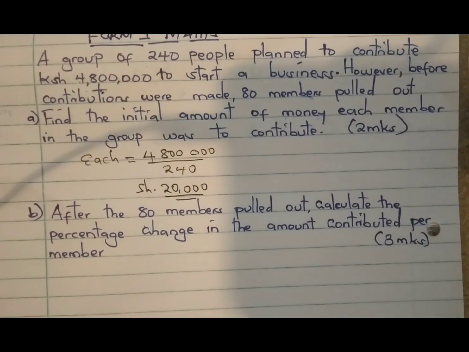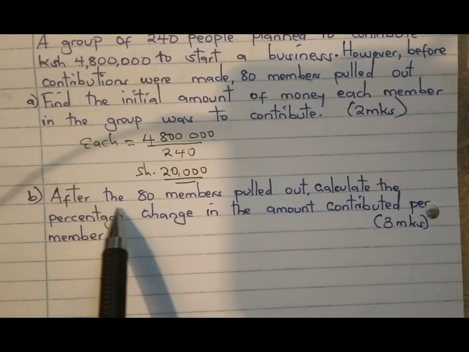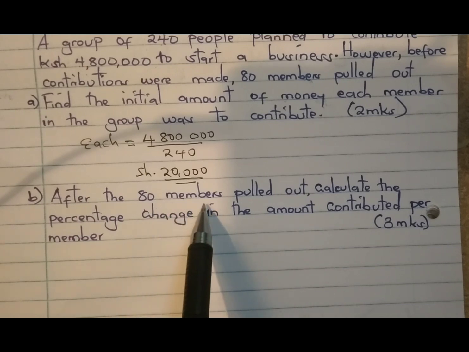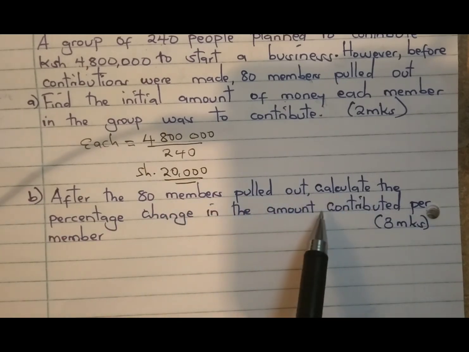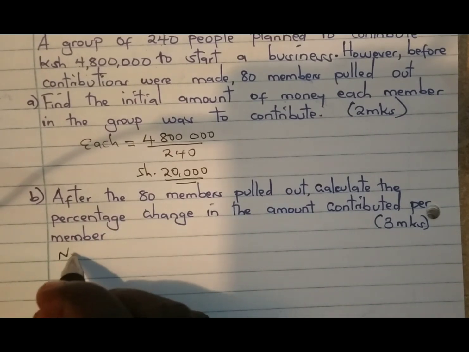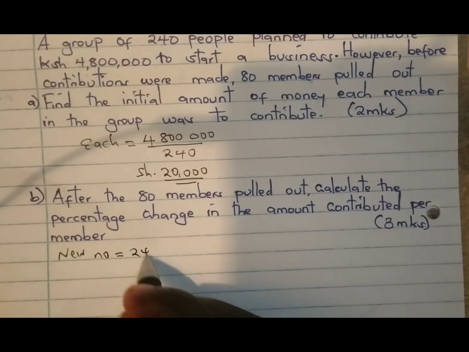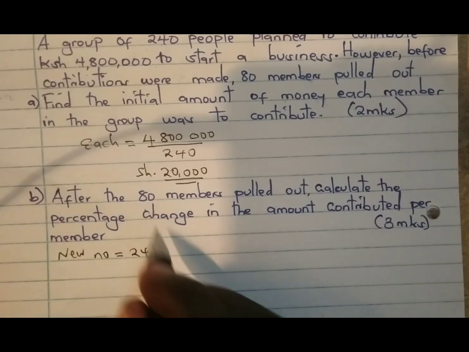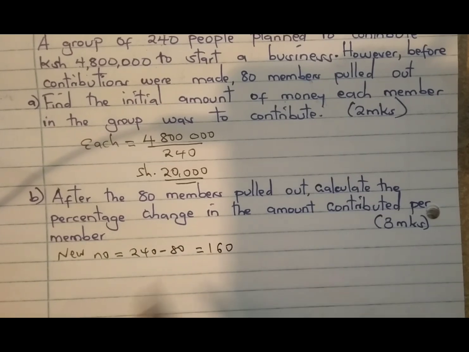We go to part B. After 80 members pulled out, calculate the percentage change in the amount contributed per member. In this case now, the new number will be equal to 240. We minus 80 who pulled out, and this one gives us 160.